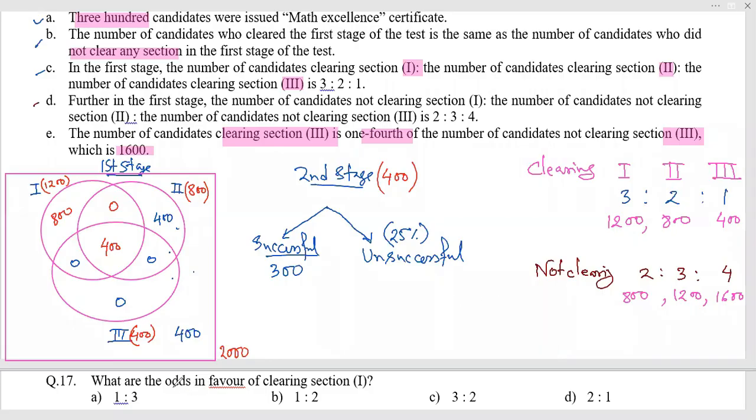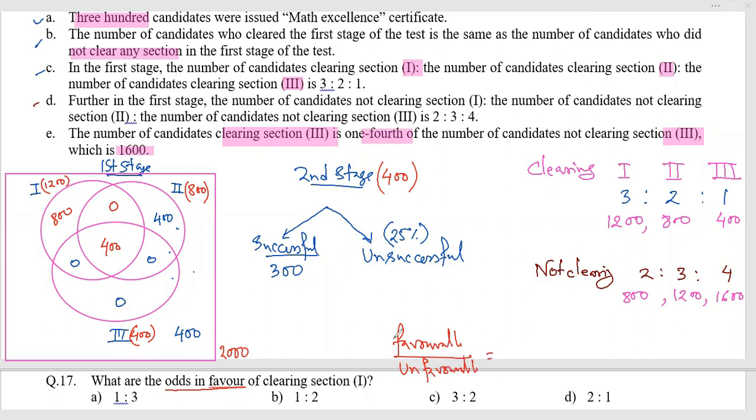Third question, what are the odds in favor of clearing section 1? That means odds in favor is what? Favorable by unfavorable. The meaning of it is favorable, those who have cleared section 1, by unfavorable. This is actually called odds in favor.